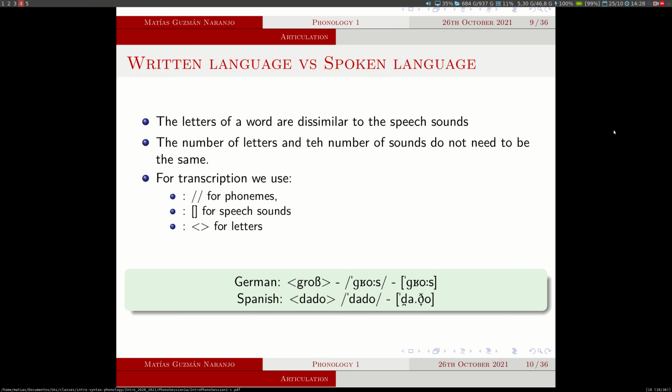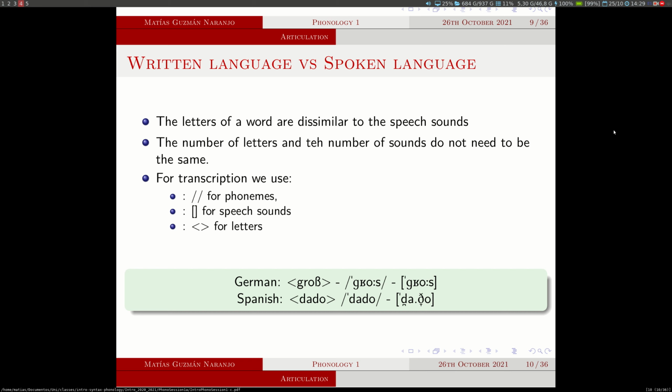There are three levels of transcription we will use. One for letters, one for phonemes, and one for speech sounds. If you speak English, you're probably aware that letters don't closely match up with speech sounds. In other languages, speakers are sometimes less aware of this fact.